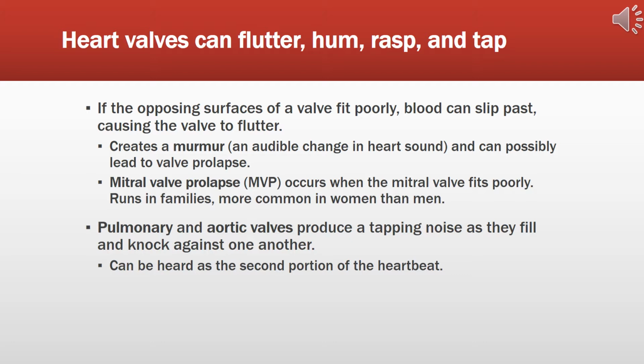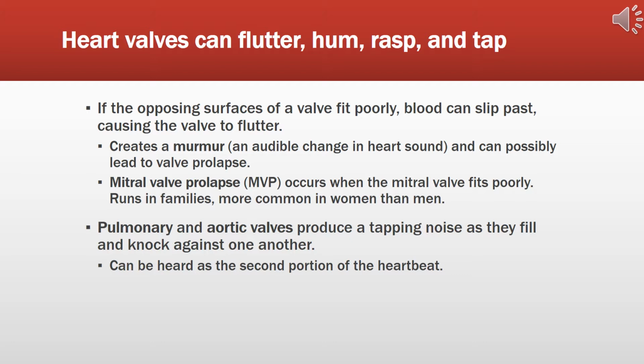This creates a murmur, which is an audible change in heart sound, contrary to the normal heart sound. And this can possibly lead to valve prolapse, which is to say the backflow of blood. And then you can have mitral valve prolapse, and mitral valve is another name for the bicuspid valve.